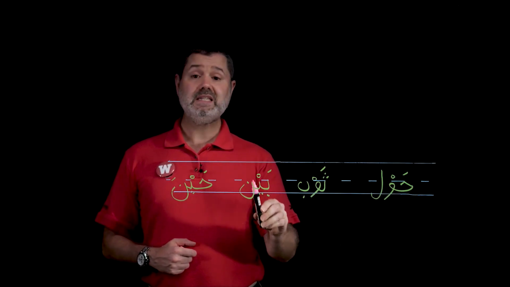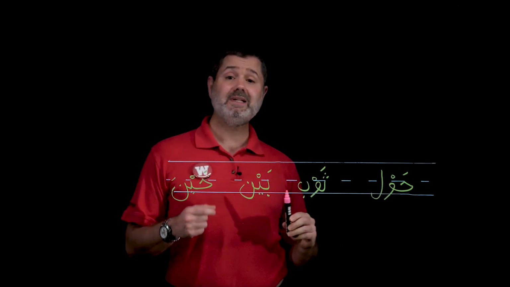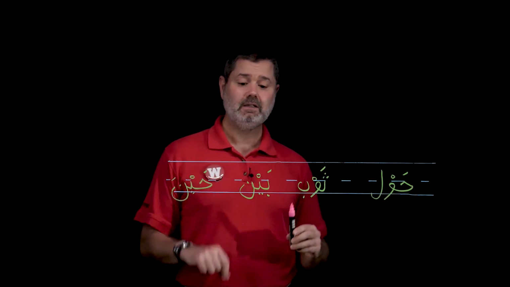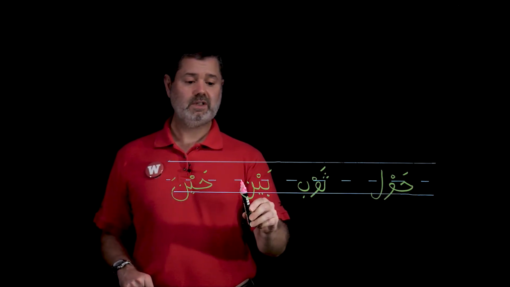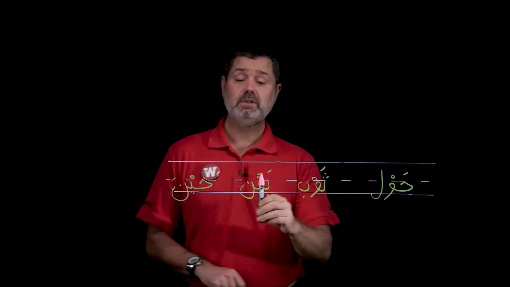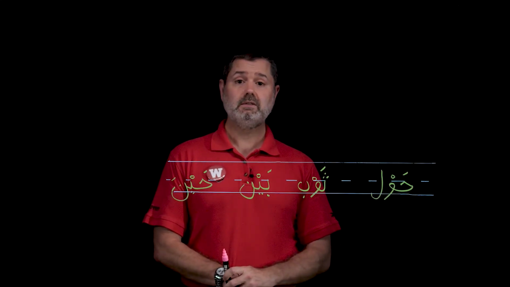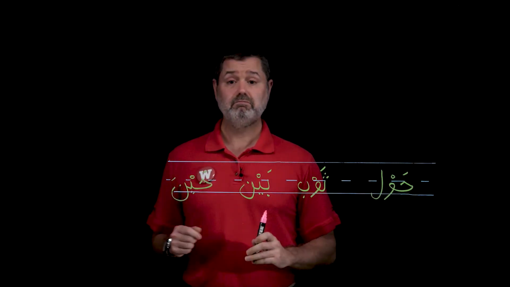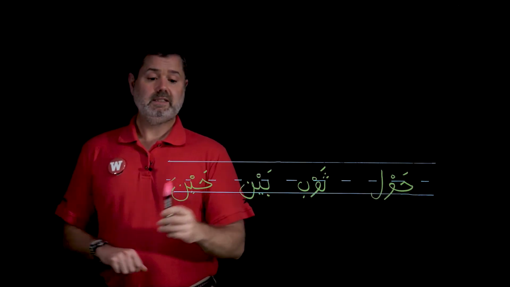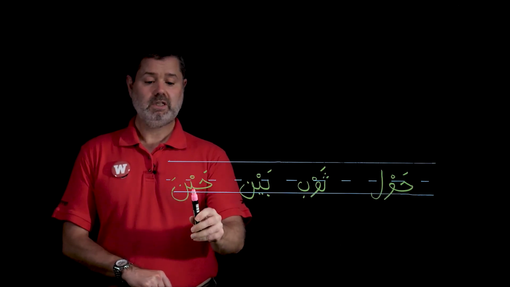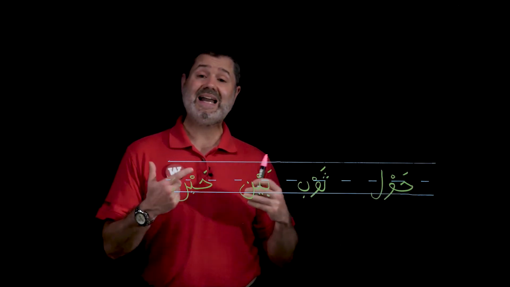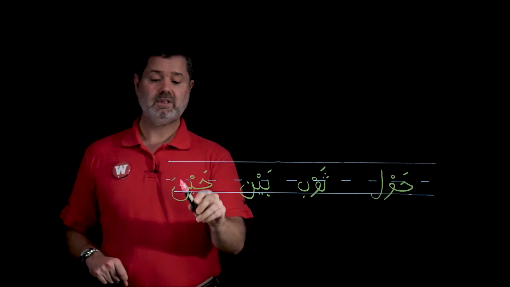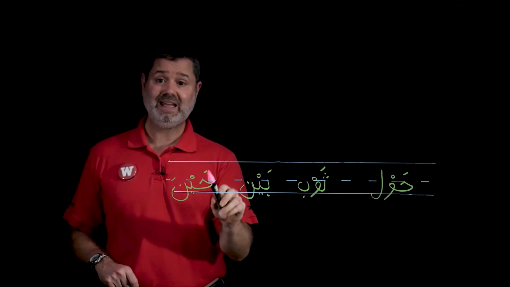Here we have the ya, so we know this is going to be ai. We know the rest of the letters, ba and noon. Put this all together. Bayn, meaning between. And lastly, same letter, same diphthong. Put this all together, hayna.